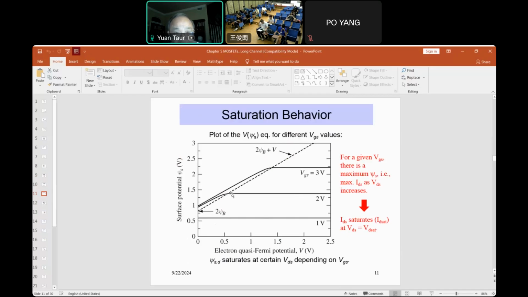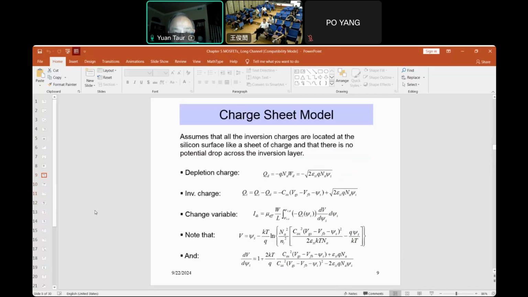Once you get here, the psi S doesn't go up with V anymore. V is still going up, but psi S becomes constant. And you can see that from this expression.